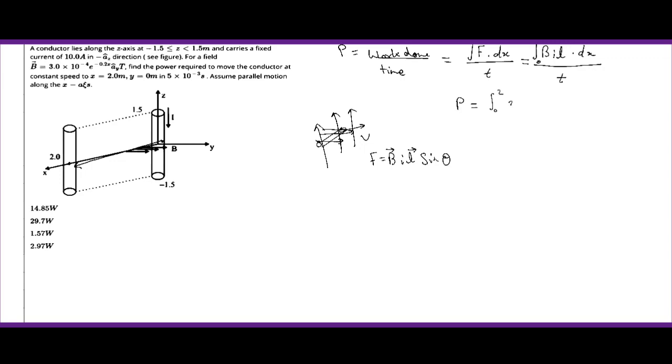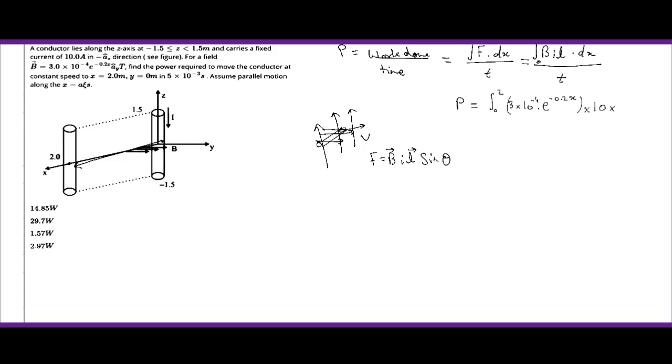B is given as 3 × 10^-4 × e^(-0.2x), and the next value given to us is I, which is 10 ampere, and the next value given to us is length.